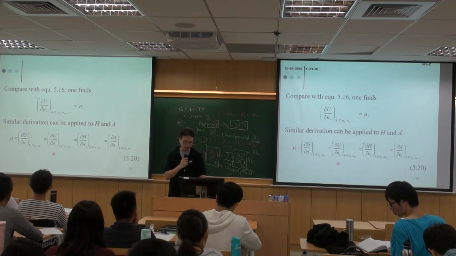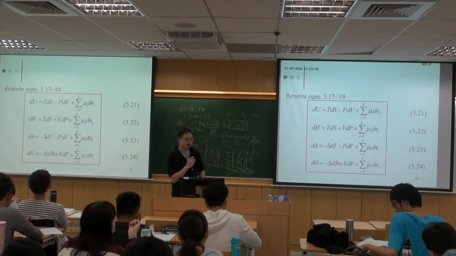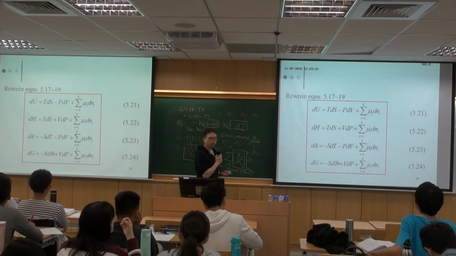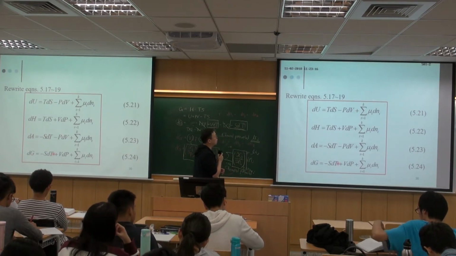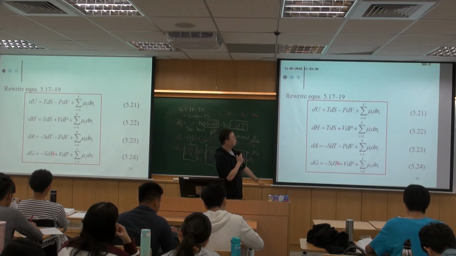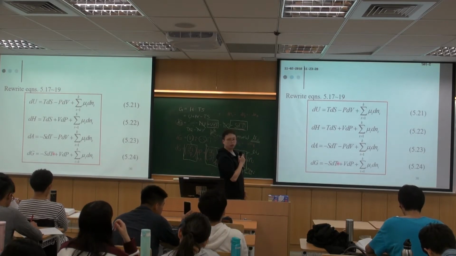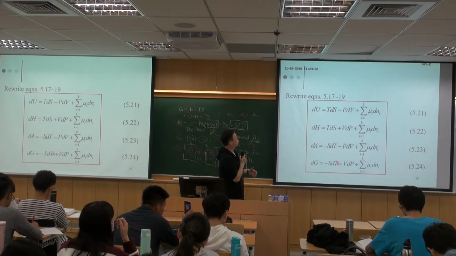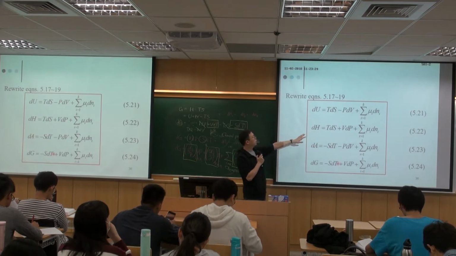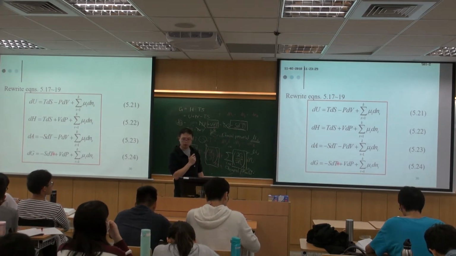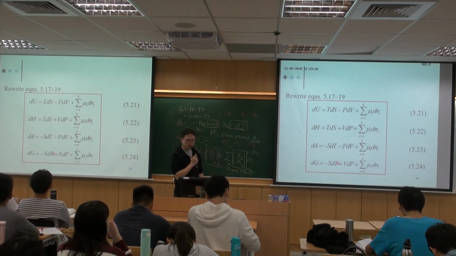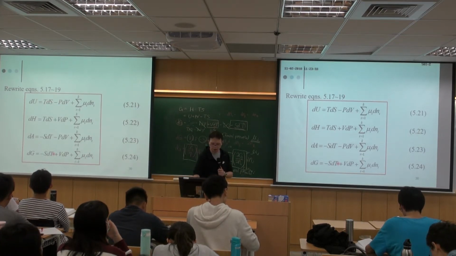So this helps us simplify the original formulas to express dU, dH, dA, and dG into these four expressions. And they are fairly straightforward. You have the original two terms with an extra addition of chemical potential. Okay, so these are very straightforward.